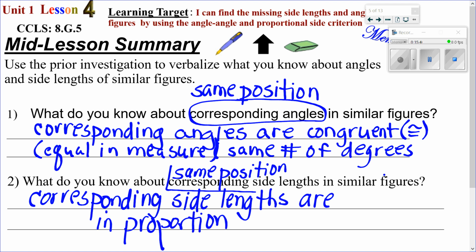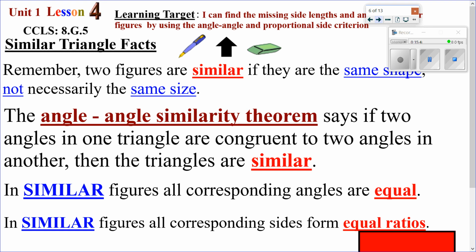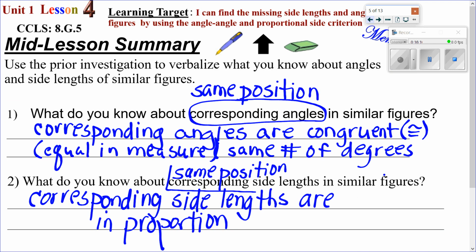Okay, so let's go to the next slide. Remember, two figures are similar if they are the same shape, not necessarily the same size. The angle-angle similarity theorem says if two angles in one triangle are congruent to two angles in another, then the triangles are similar. So I'm going to go back to the example we used.